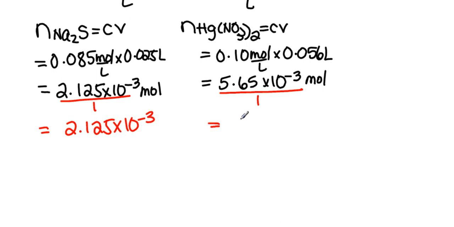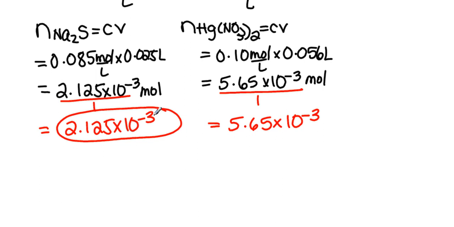So this isn't going to change our numbers, but we need to check this step because in other examples there might be a coefficient that's not 1. And then which one is smaller out of the two? This one's smaller. So since this one is smaller, this is our limiting reactant.